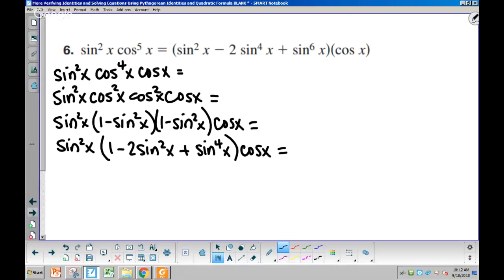And then one last step. What are we going to do last? Distribute that sine squared. You're right.